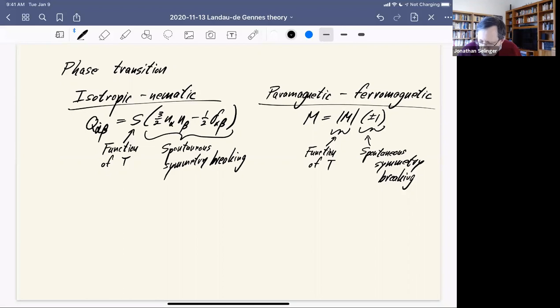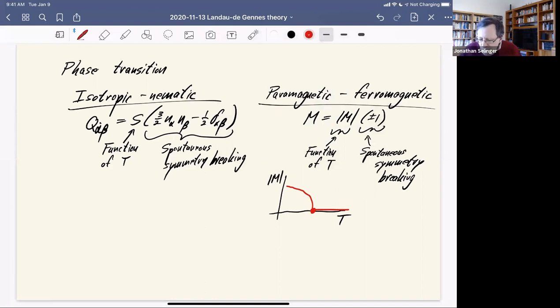So we could make a plot back then of what is the magnitude as a function of temperature. And so this was a plot that looked like it's 0 above the phase transition, and then there's a transition, and then it increases as a square root law, like that.